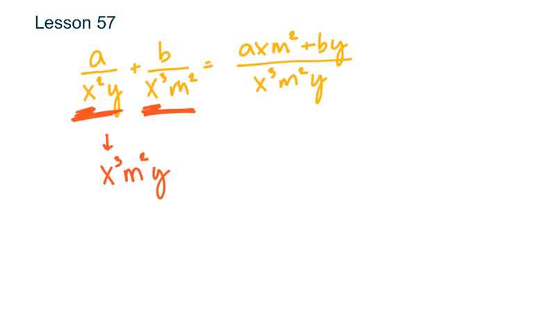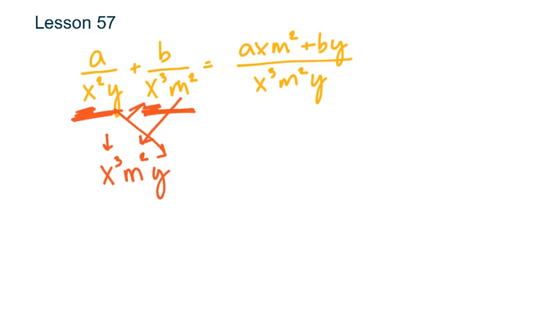That's why we have x cubed here. We need to make sure all our x's are accounted for. And then with our m's, because we have an m squared here, even though there are no m's in the other one, we need to account for every single variable. And then our y's just remain one y because of the y in the first term.